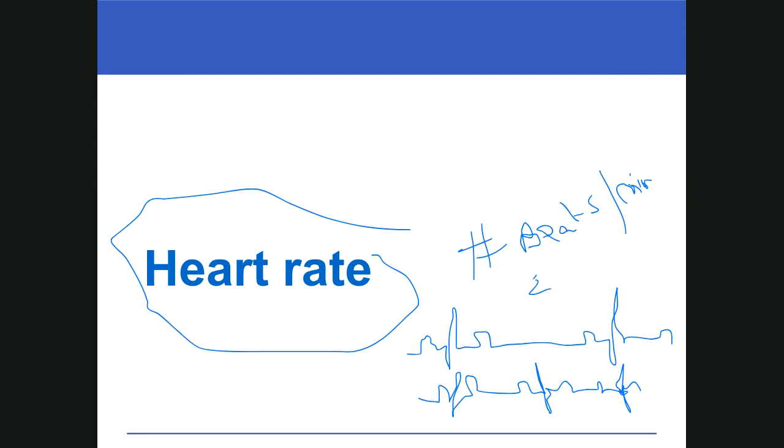That's beating 3. So this is a much faster heart rate than that one is. But look what changes when you change heart rate. This ECG does not change hardly at all. What changes is this, the fill time.